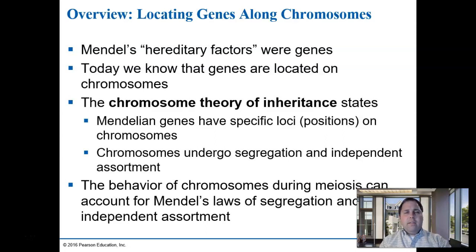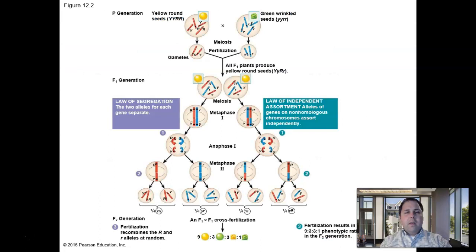What this does is it makes some inheritance patterns a little more complex and creates some more diversity in offspring of parents, which is pretty important for evolution. So as you can see here, we see a simple dihybrid cross, just like we looked at in the last chapter. So green wrinkled and yellow round seeds, we see them going through first generation to make an F1 generation that is heterozygous for both alleles, big Y, little y, big R, little r.